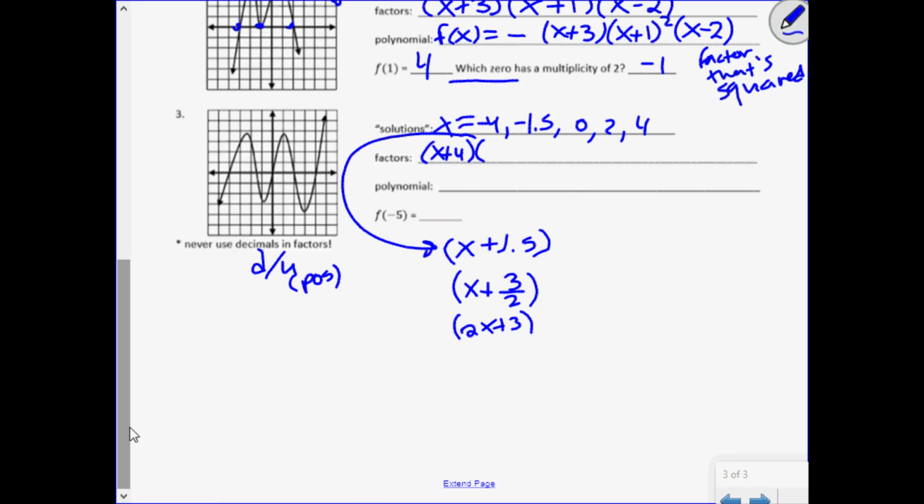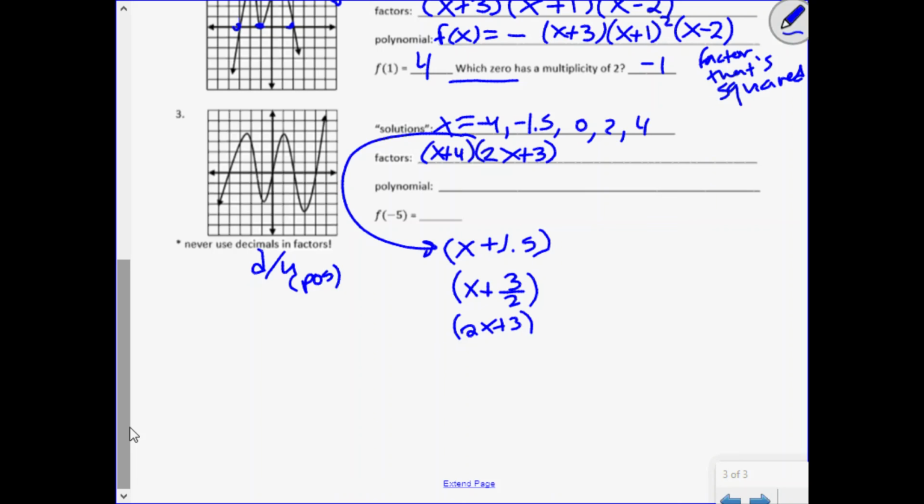Whatever the denominator would be, swing it over in front of the x. Now, does everybody agree? If I were to set this equal to 0, would I still end up with negative 1.5 after I solve? Yeah. So this is the way that you would want to write the factor if you have some sort of decimal or fraction. So we're going to write it as 2x plus 3 for that factor.